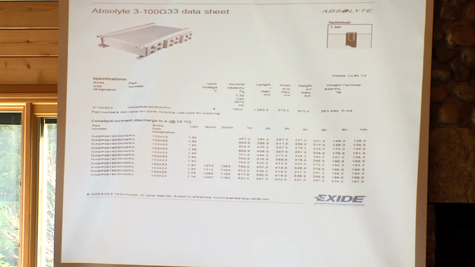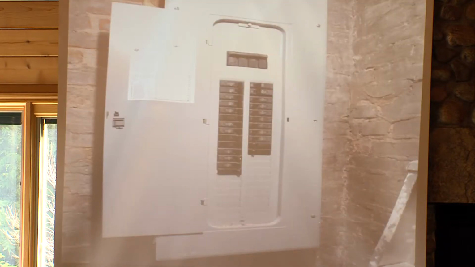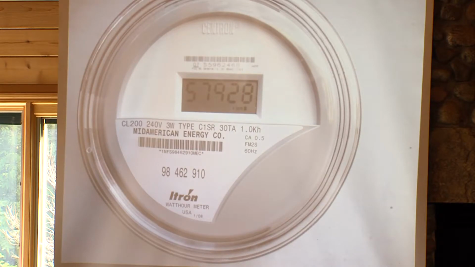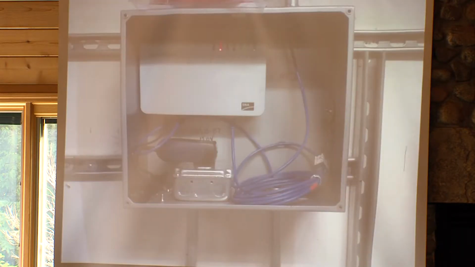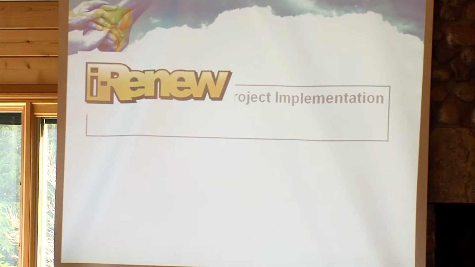I think the next, yep, this is what a large battery bank is going to look like. Those are batteries. This is your main panels, and this is your meter. This is the web box. This is another version of what works for remote monitoring and maintenance. This is on the back of your solar panels. It's mounted for remote monitoring.